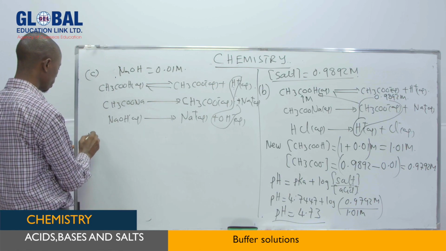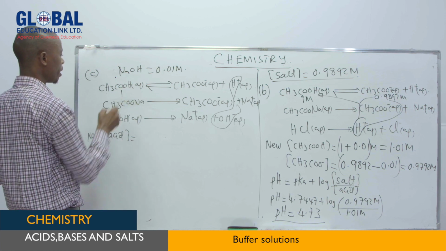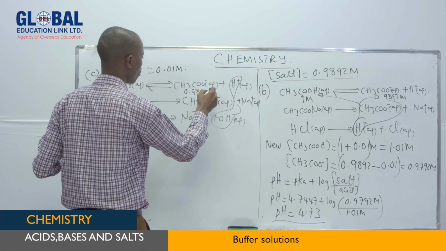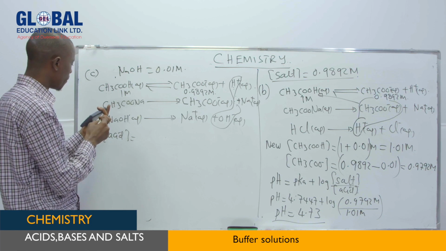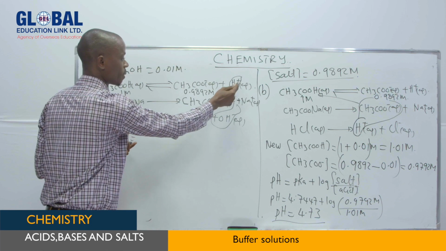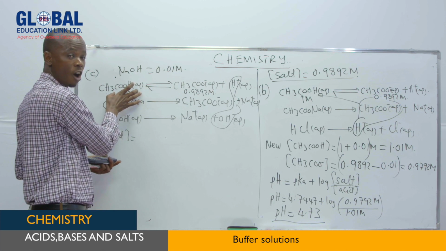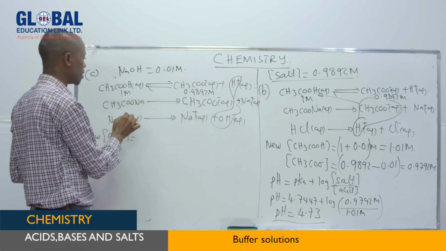Now what will happen? New concentration of the acid. Originally we had 1. For the salt, 0.9892 molar originally. Now because the acetic acid will dissociate to compensate for these hydrogen ions, that means this will decrease. Will decrease by how? By what factor? By the factor of the base which is added.